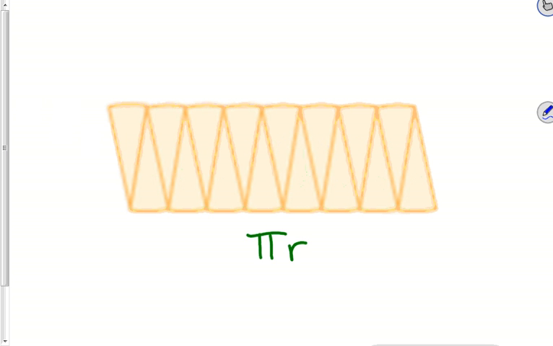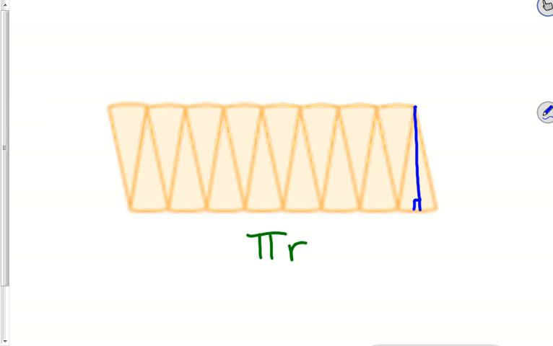Well, the height of the parallelogram would go from the top and would be perpendicular to the bottom, right? Now, just looking at that, what do we have? We have the radius of the circle, right?